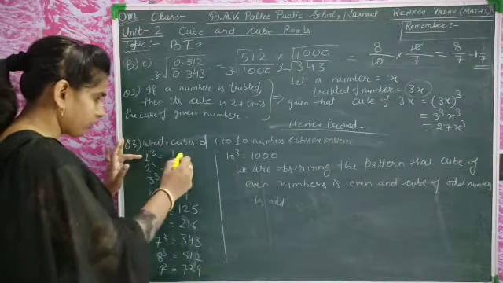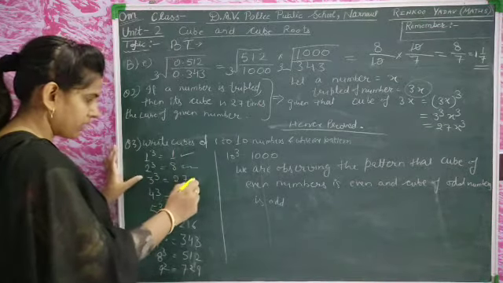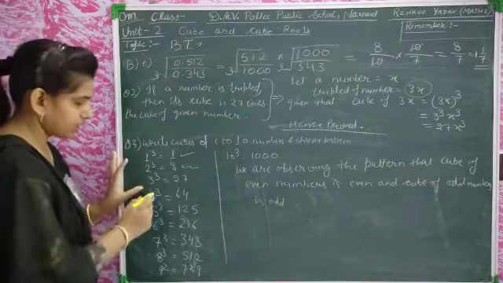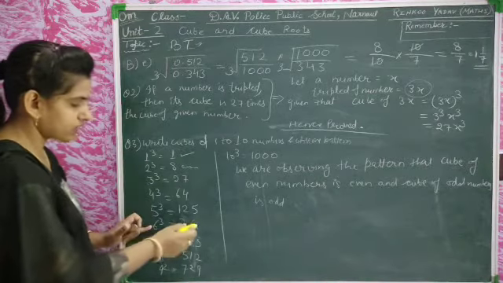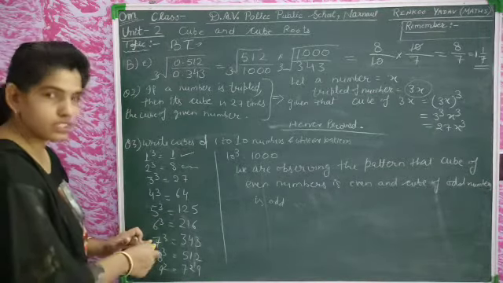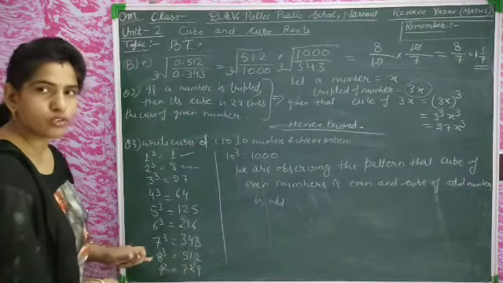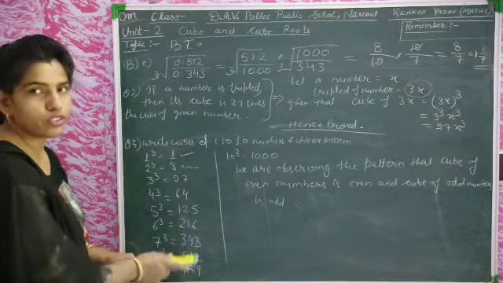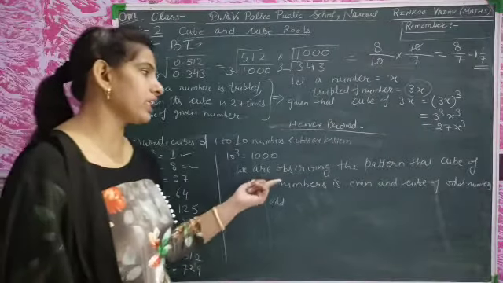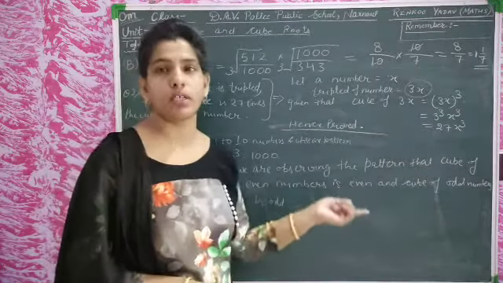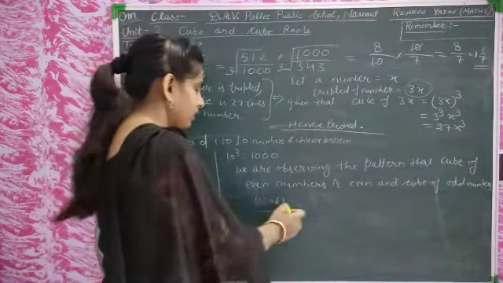You are seeing that 1 cube is 1, odd; 2 cube is even; 3 cube is odd; 4 cube is even. 5 is odd, 125 is odd. 6 is even, 216 is even. 7 is odd, 343 is odd. 8 is even, and 512 is even. And 9 is odd, 729 is odd. And 10 is even, 1000 is even. So we observe the pattern that the cube of an even number is even and the cube of an odd number is odd.